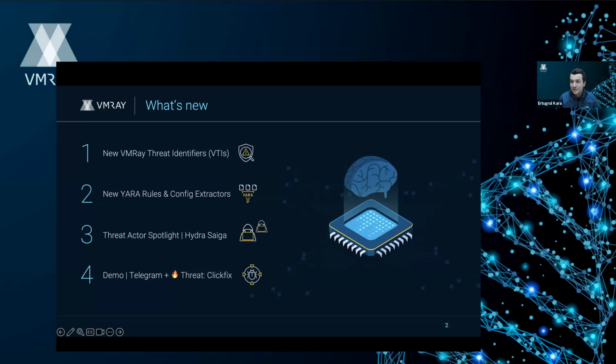And for something a bit different today, and I think the CTI folks in the room will really enjoy this, we are introducing a threat actor spotlight. We have fascinating research into a group called Hydra Saiga, which you may have come across under another name, Eurotrooper.